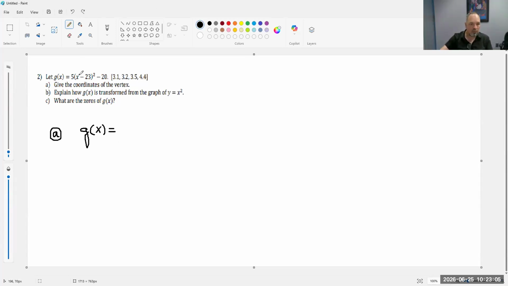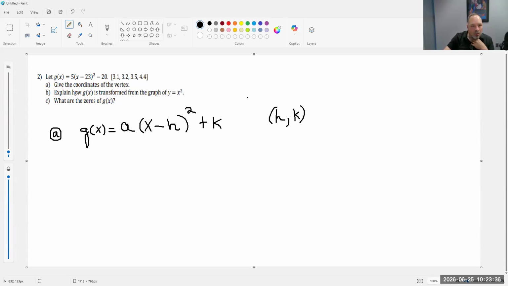it is called the vertex form, and it's generally going to look something like this: a times x minus h squared plus k. And so the h and the k is the vertex.